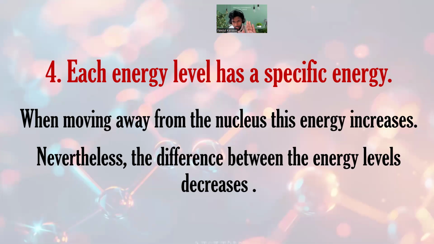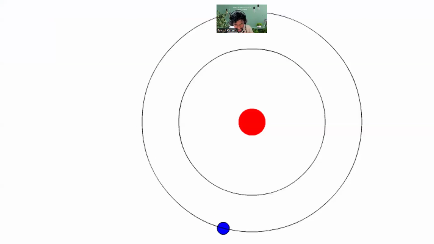Okay, so listen. Each and every energy level, each and every shell, each and every layer has different energies. And you may have a doubt: how does that energy level have the energy?